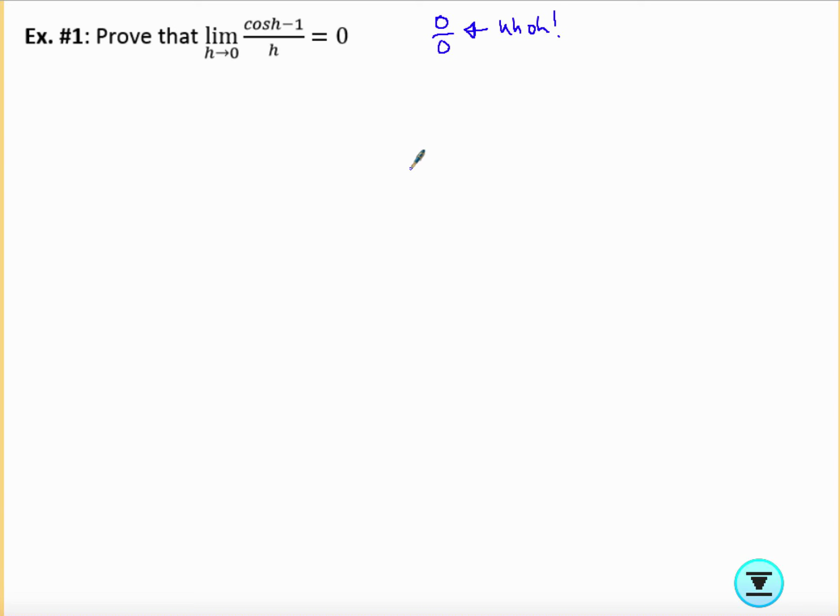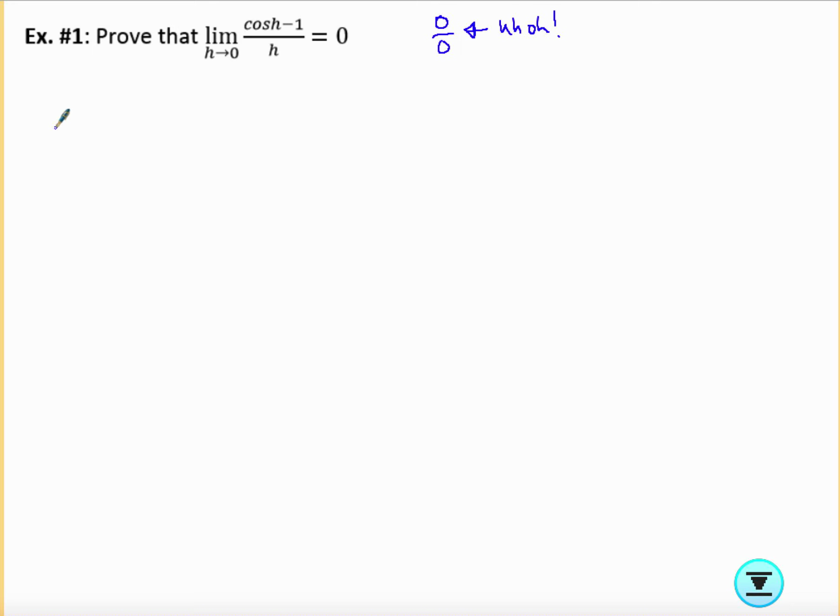So what do we do if our strategies for calculating limits don't really work in this situation? What I'm going to do is I see this numerator, the cosine of h minus 1, and I think, okay, let's see what I can do with that. Let's multiply the top and the bottom by a conjugate. Specifically, a conjugate is the same terms with the different sign in the middle, right?